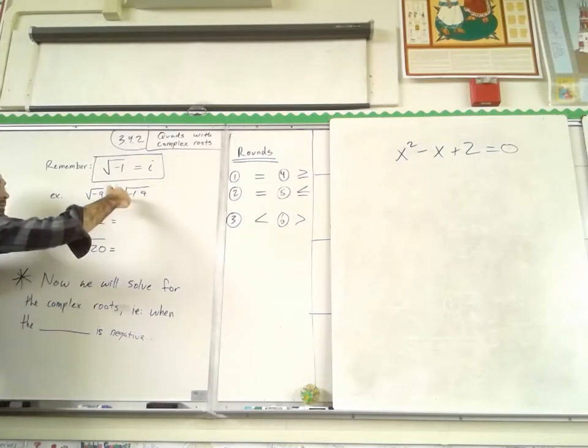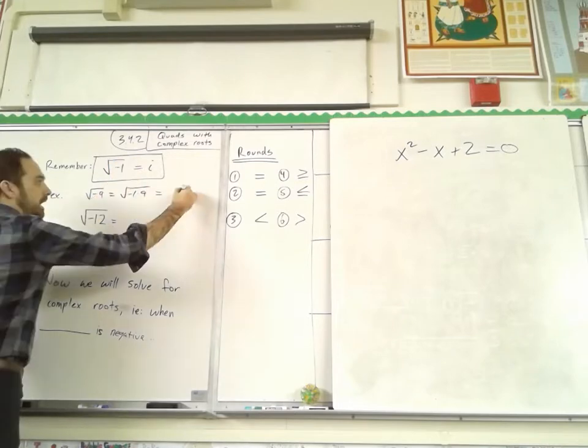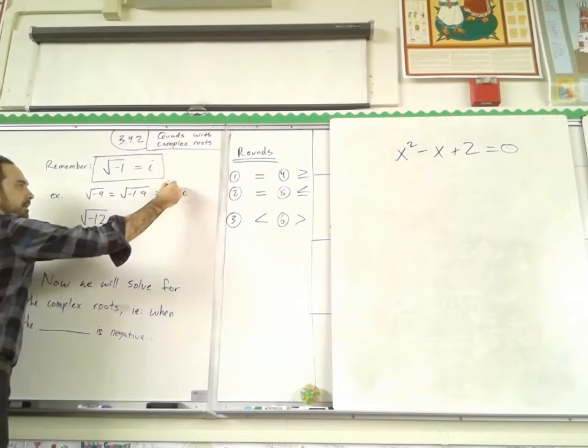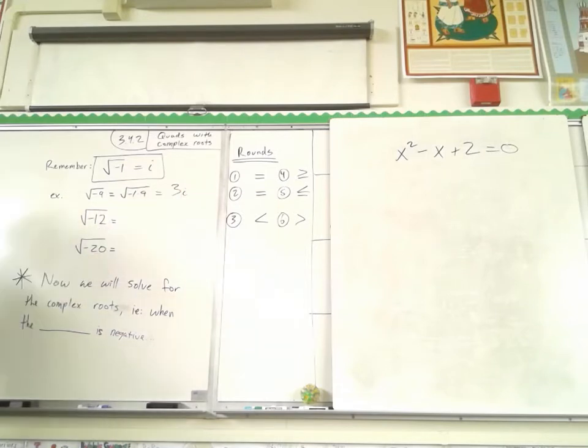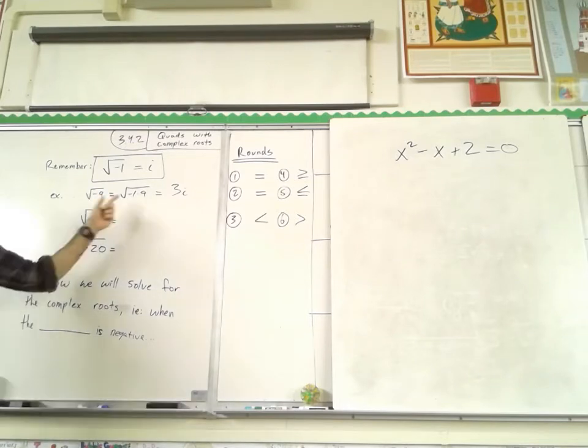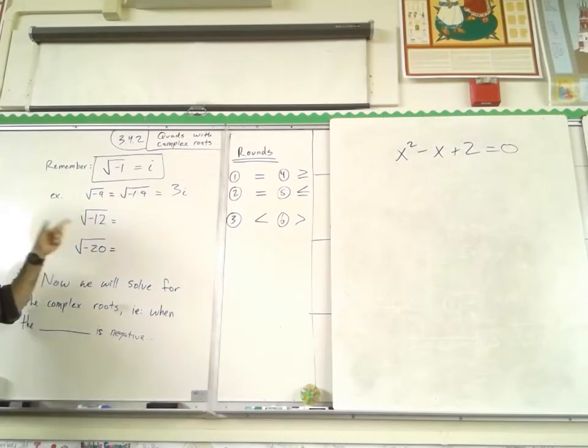So this is equal to i. What's the square root of 9? 3. You break it up, you take out what you can. In this case, we had nothing left over, because we can take the roots of both. But with some of these numbers, you're going to have something left over in the root. It's no big deal.